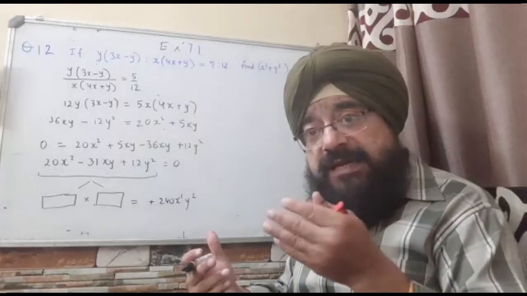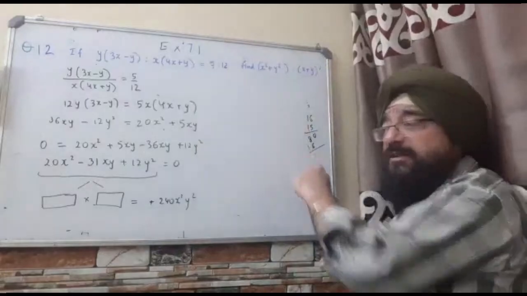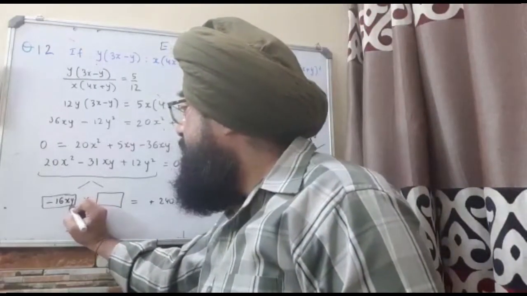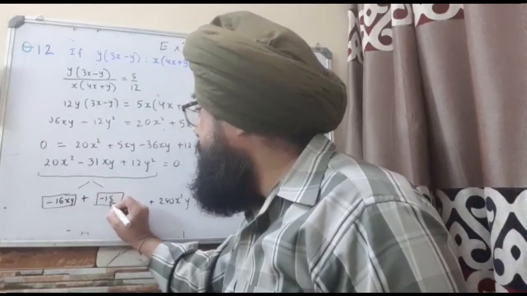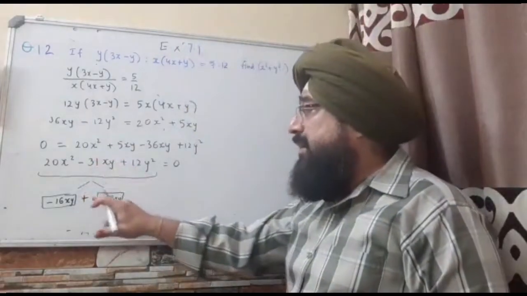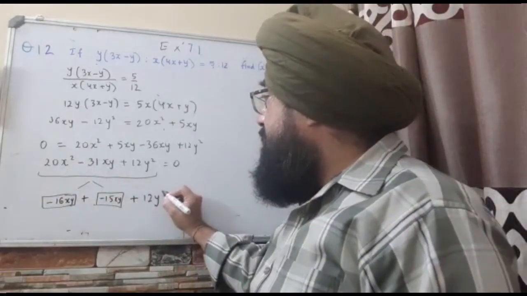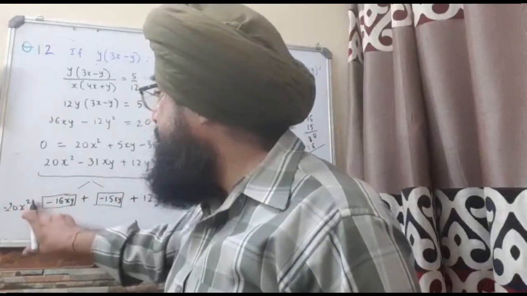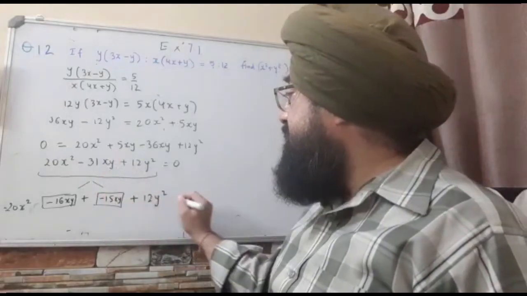So by doing that orally, you can reach, though he has reached faster than me, as minus 16xy plus minus 15xy. So I can split this minus 31xy into minus 16xy and minus 15xy, so that I can now factorize 20x square. See, minus is already there, plus again minus is already there, plus equal to 0.